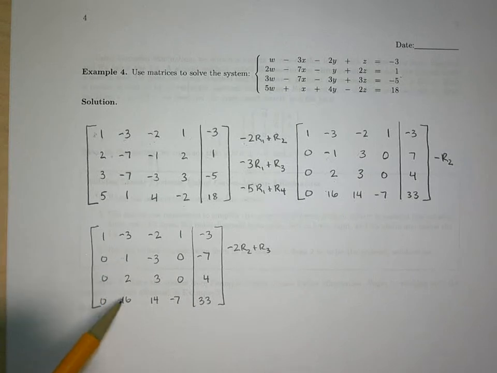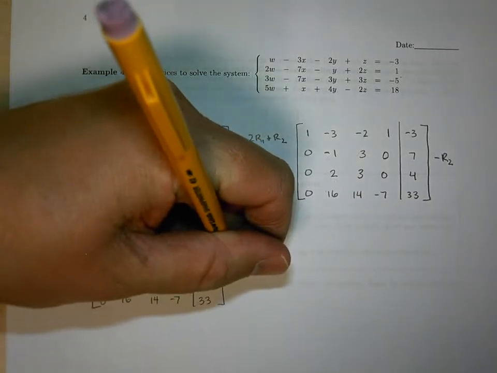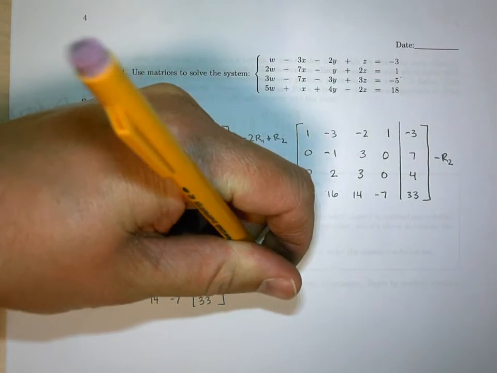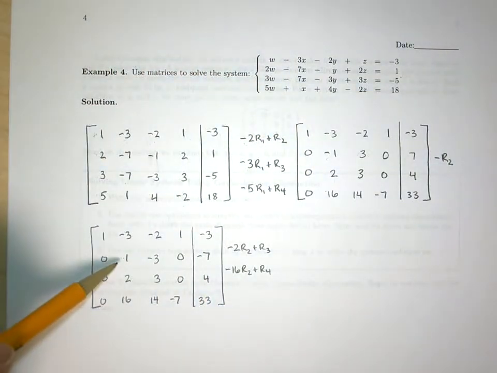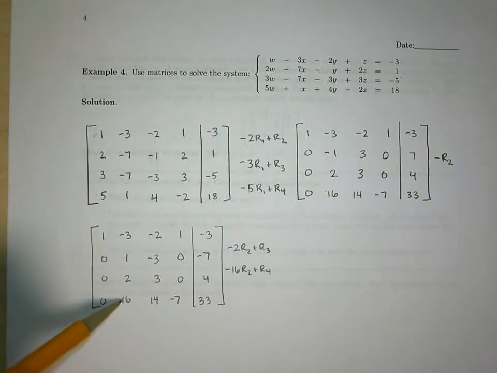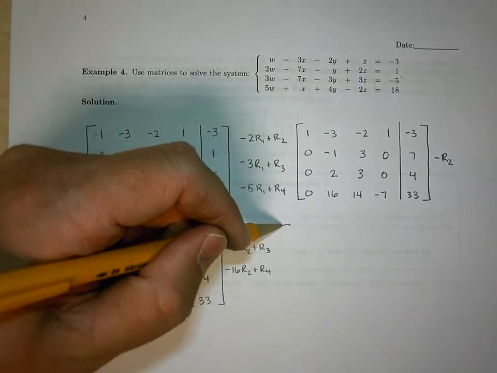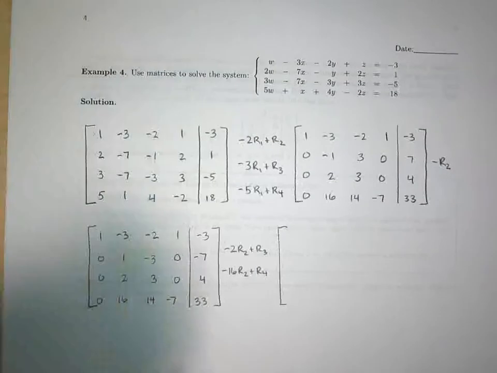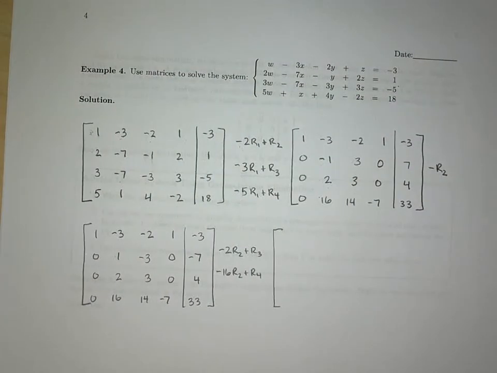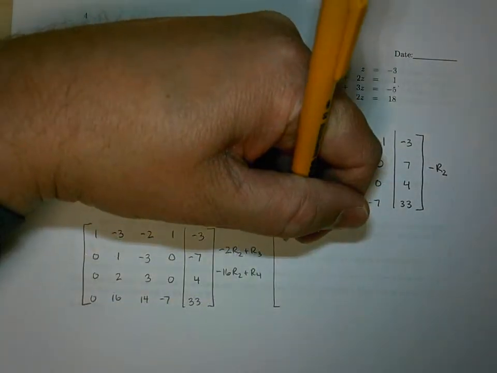So if I multiply the second equation by negative 16 and add it to the fourth, I would have negative 16 plus 16, and that would eliminate those x's. And this creates two new equations in the system. Row 1 is not mentioned in this calculation, and so we're just going to rewrite it.